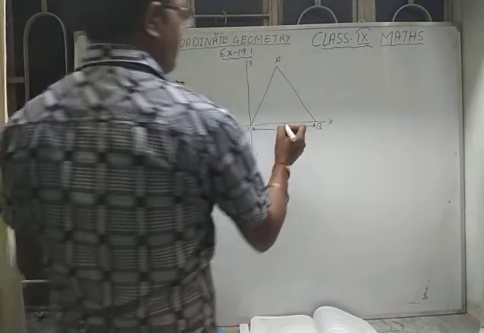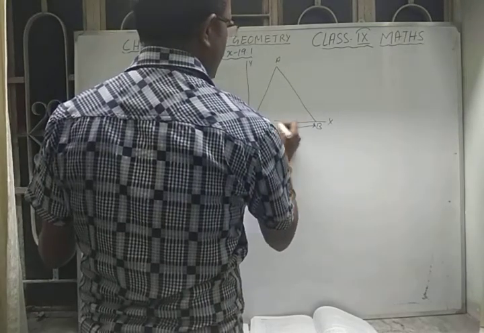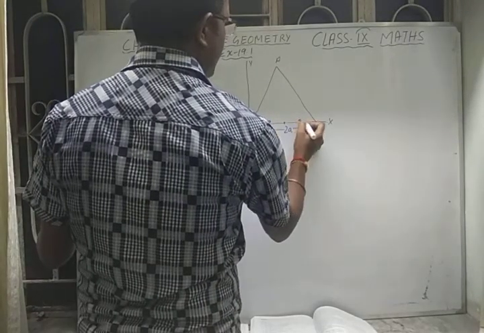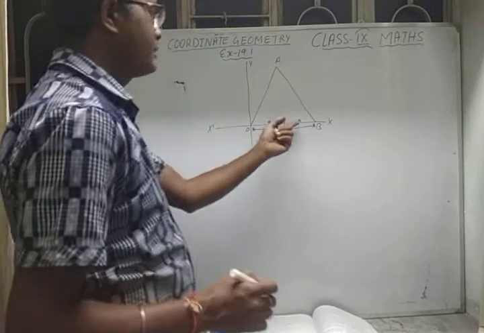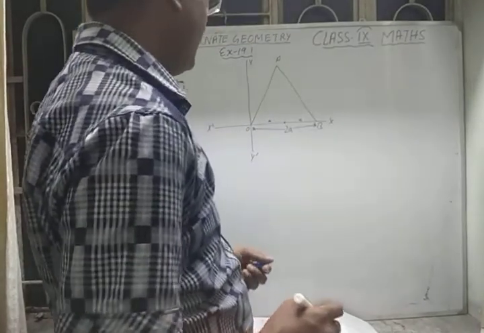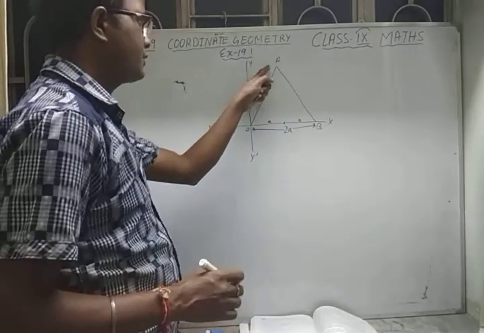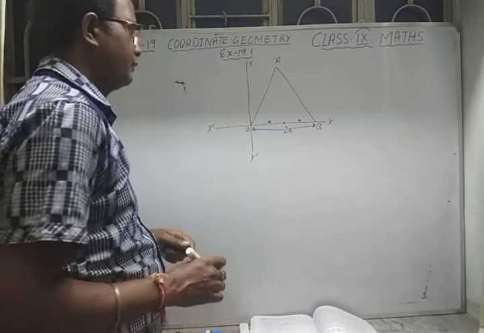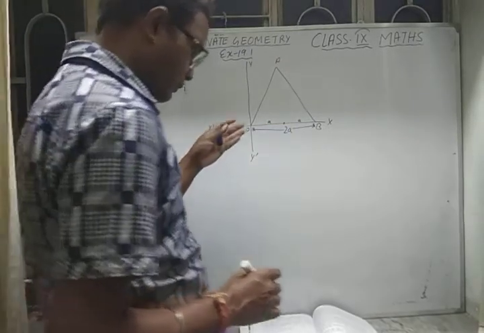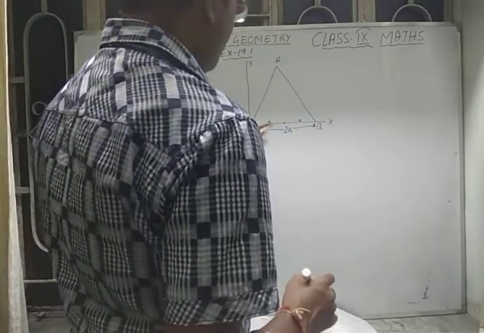That means the midpoint of this figure is here it is a, and this will be also a plus a, total is 2a. Now you have to find first the coordinates of the vertices O, A and B.